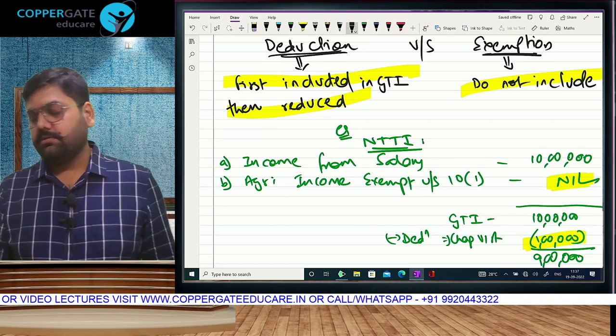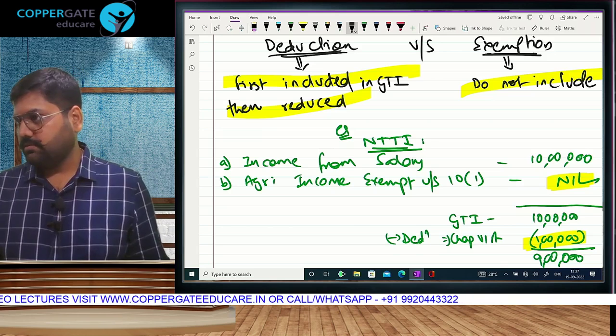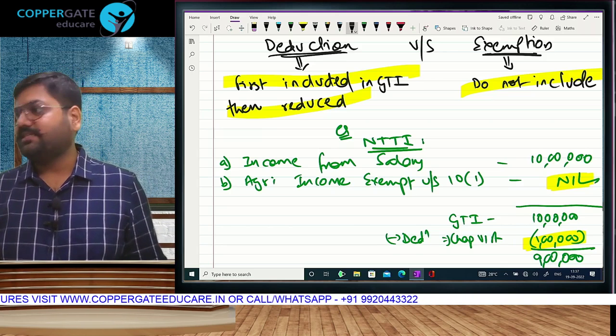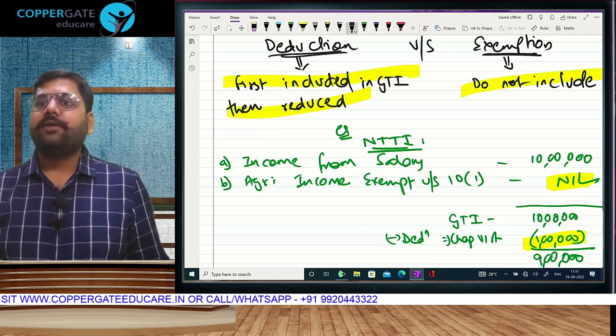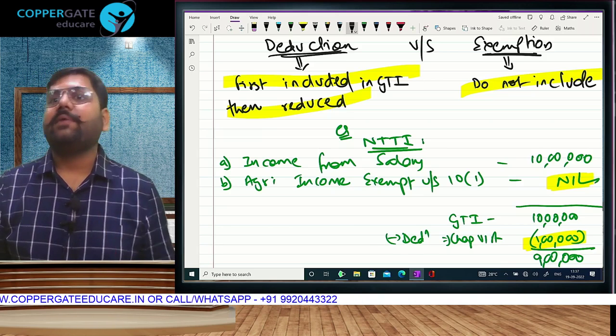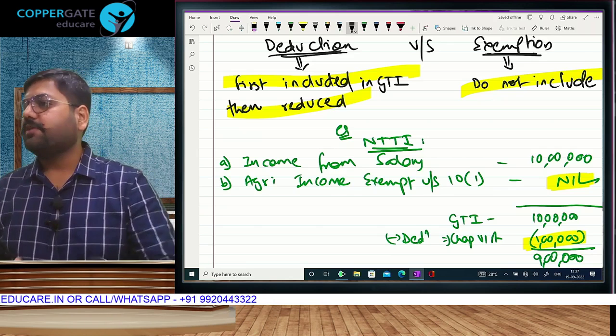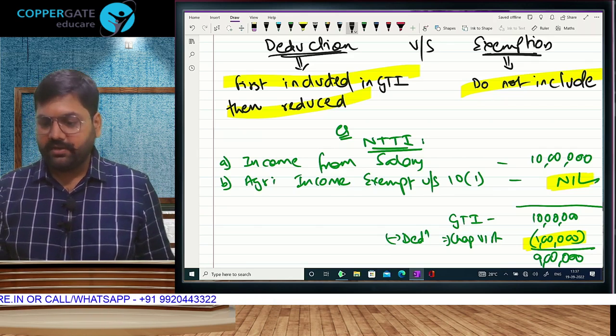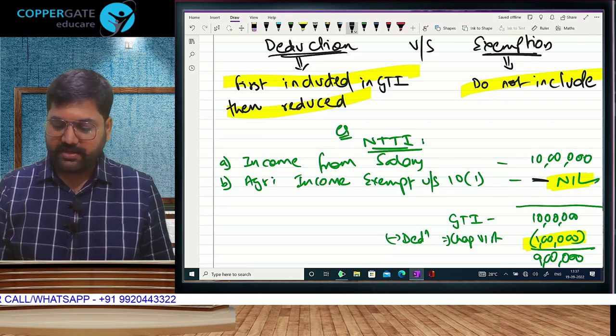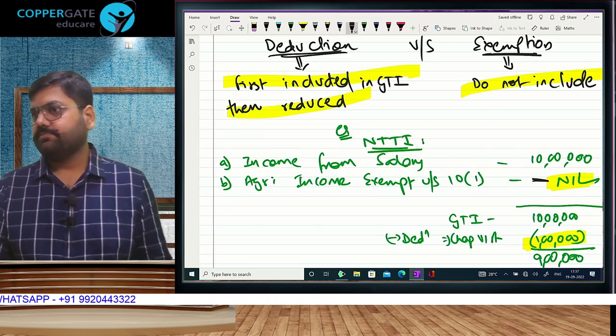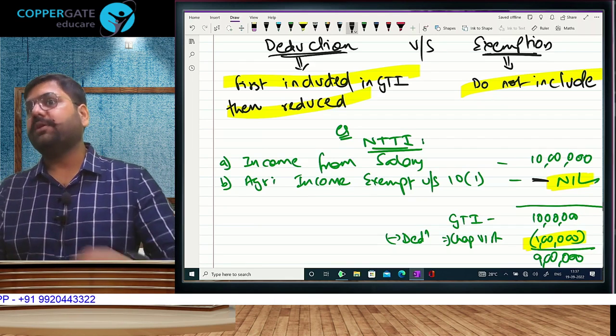Then why, sir? There is a reason. When they put something in exemption, that means lifetime exempt. Today also exempt. After 5 years also exempt. After 10 years also exempt. Whenever there will be agriculture income, it will be directly zero. And how much?